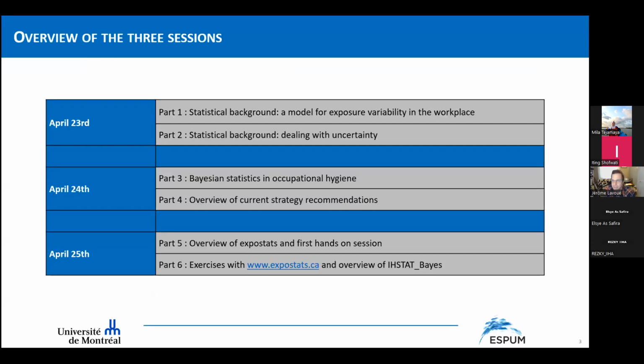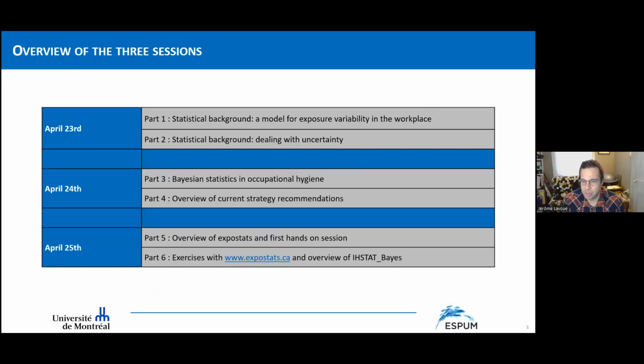So yesterday we talked about exposure variability. We explained there was a statistical model to be able to deal with the fact that we measure only a small proportion of what we need to make a decision about, the log normal distribution.